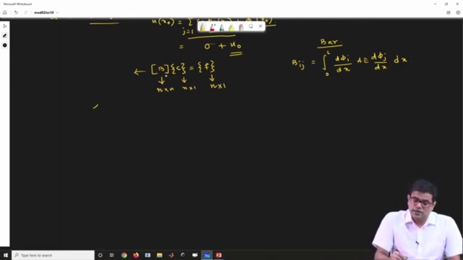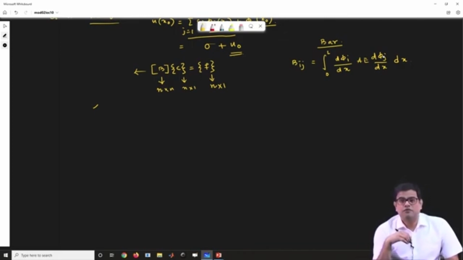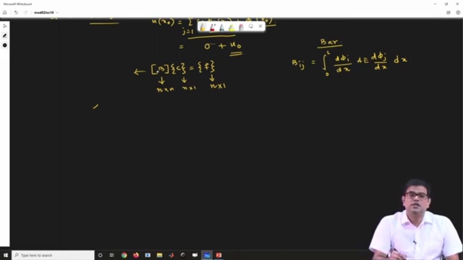Naturally this will be symmetric: if I choose phi i and phi j of the same function, then the bilinear form is also symmetric, so it will lead to a symmetric matrix. This type of matrix is known as the stiffness matrix. We will learn it in the context of finite discretization in the later lectures.